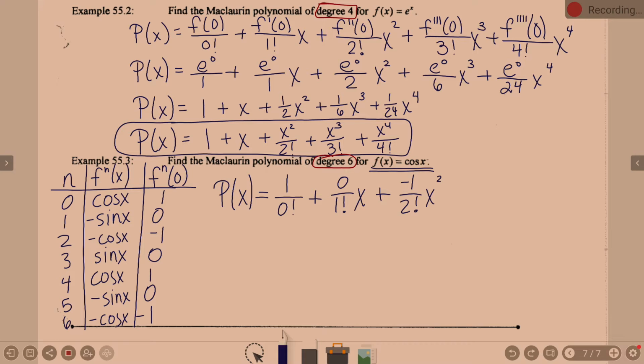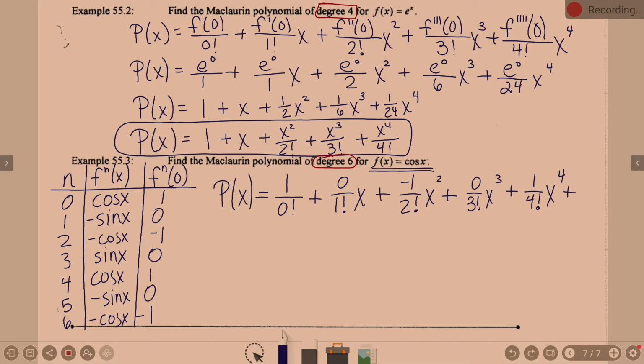Stop me if we're not. Then I'm going to do the third derivative. So I'm going for my 3 row there, which is 0 over 3 factorial x to the third. Fourth derivative at 0 is 1 over 4 factorial x to the fourth.